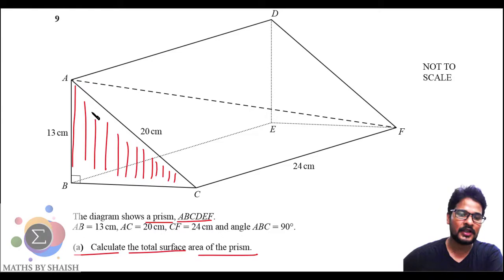So if we see there are so many faces, so first of all we need to calculate how many faces are there. So I will mark them as 1 and so on.